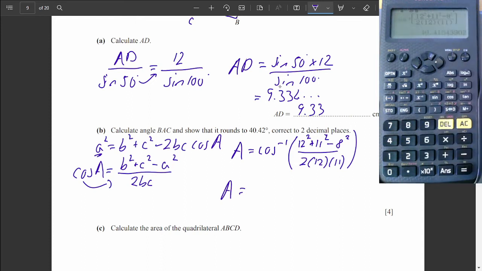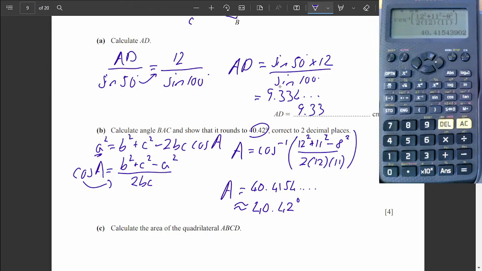Close the bracket. Now this is very important. We write the unrounded answer, at least to 4 significant figures. Even though they gave us the answer there, and we're very happy because if we round our answer, we know we got it right, you need to show that it rounds to that, which means you need to write the unrounded answer.